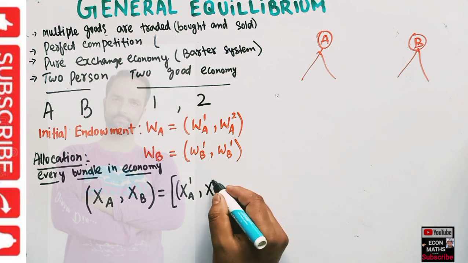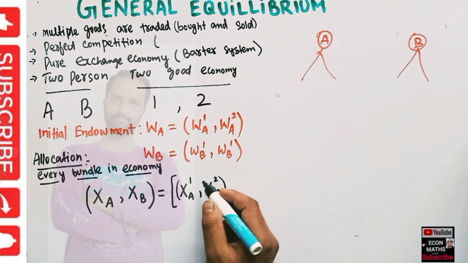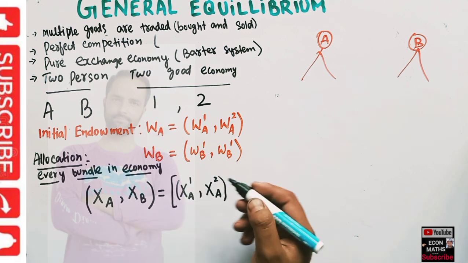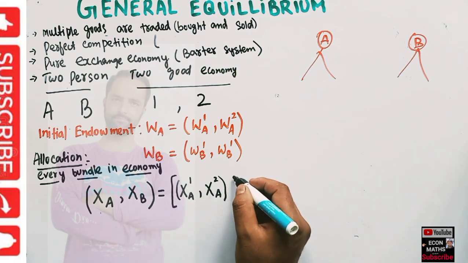Similarly, we have X2A, units of good 2 for consumer A or person A. So this XA is the vector of these two terms.